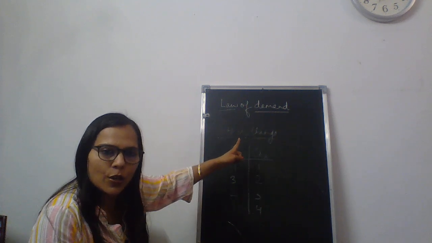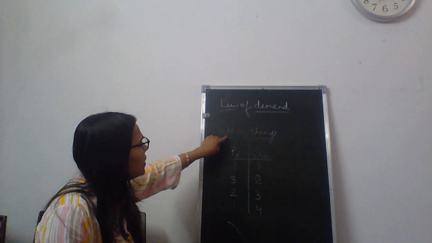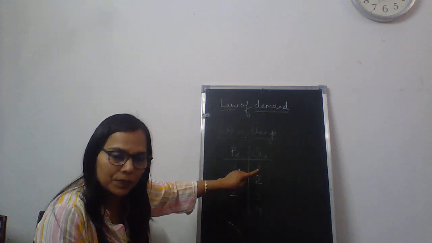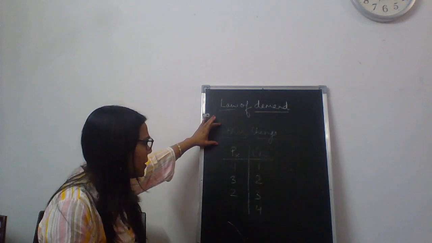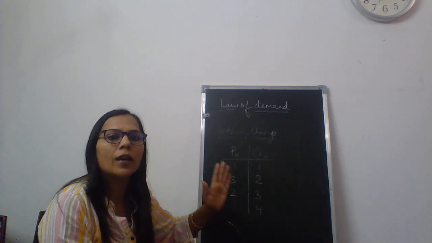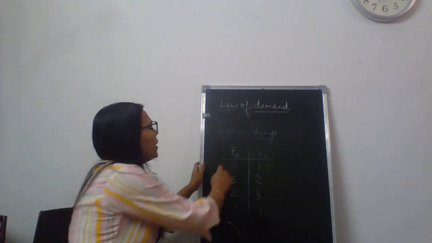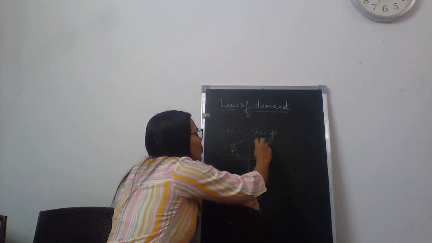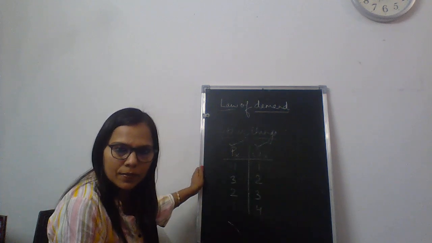Now let us try to understand what these other things remaining constant means. It means that at one particular point of time, we are analyzing only the relation between price and its quantity demanded.